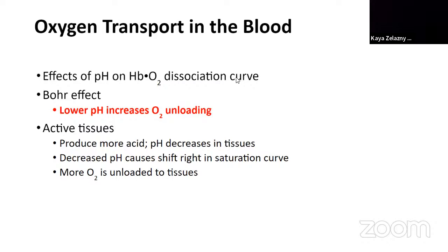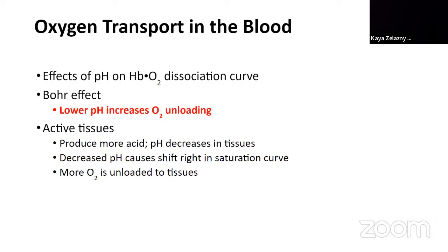So in the Bohr effect, what we're saying is that a lower pH, so lower pH means more hydrogen ions, increases O2 unloading. Increases unloading of oxygen, right? This means that we are going to be able to get oxygen off of the hemoglobin and into the tissues easier.